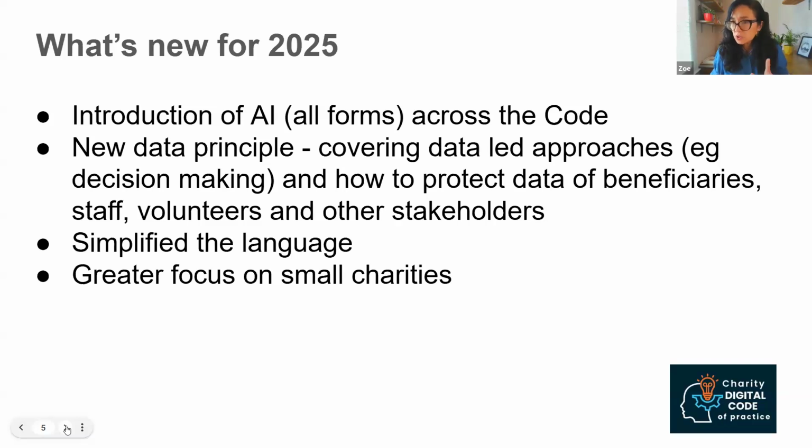And whilst there were two versions of the code, and there still are in the 2025 iteration for small and large charities, we wanted there to be more of a focus on small charities, and also it to be more accessible for small charities, because we all know the sector is very time poor, but small charities even more so, with the multiple hats they're all wearing and the things they're juggling. So that is one of the things that we tried to do as well. Yeah, and have I missed anything there? Is there anything else you'd like to add?